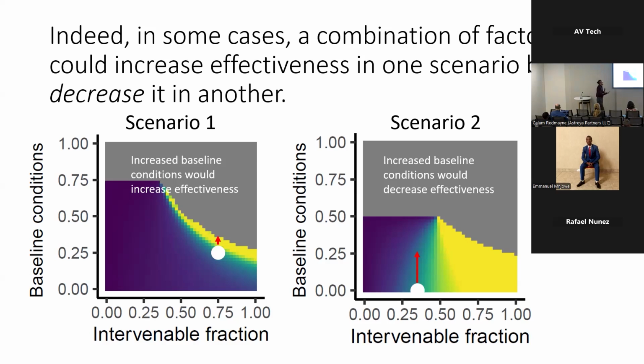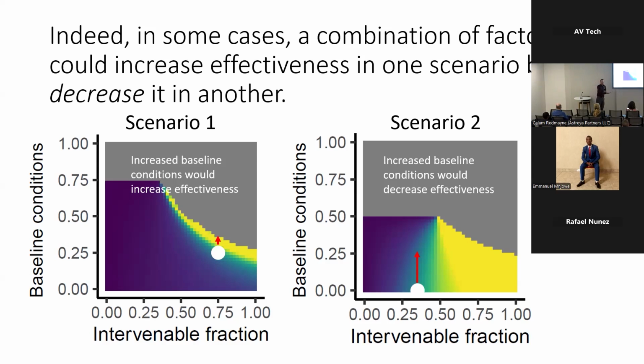And what's interesting here is that if, in scenario 1, I increase my baseline conditions, so if I had the same location but more people were beginning the study with the intervention, I can improve my intervention effectiveness.